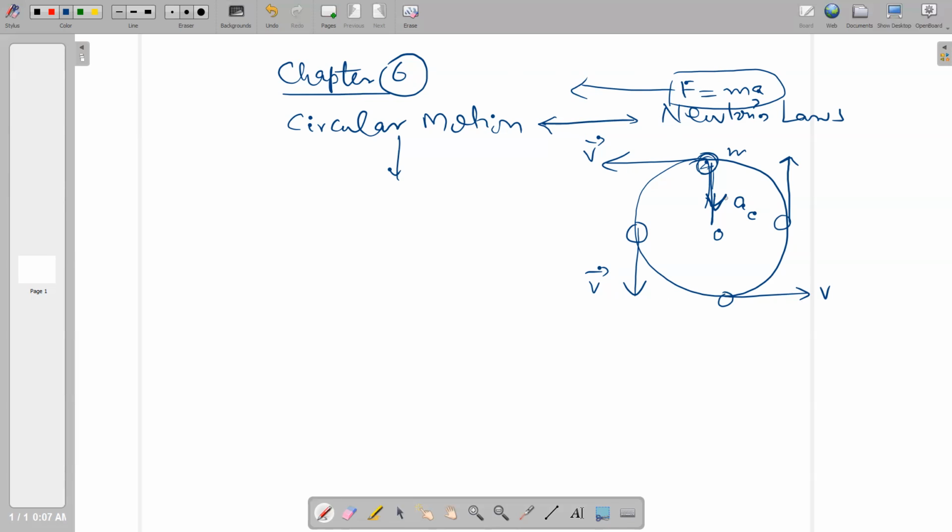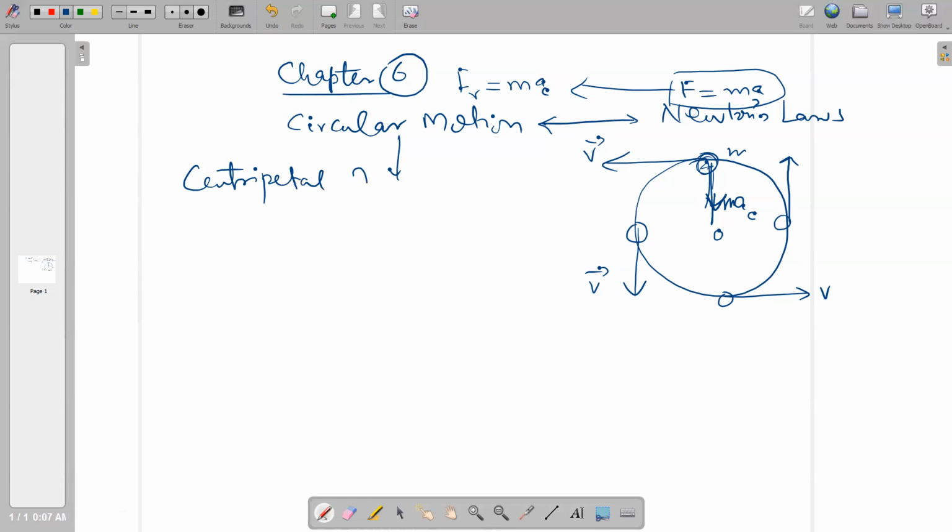This is the acceleration. If I put here m, then it will become mac. So mac is actually the radial force, and this force direction is towards the center. Roughly speaking, not strictly, we call it a centripetal force.